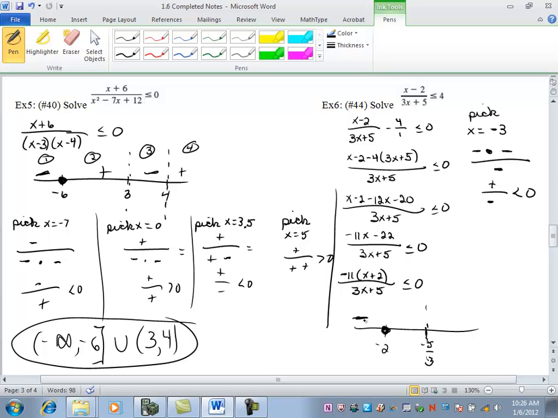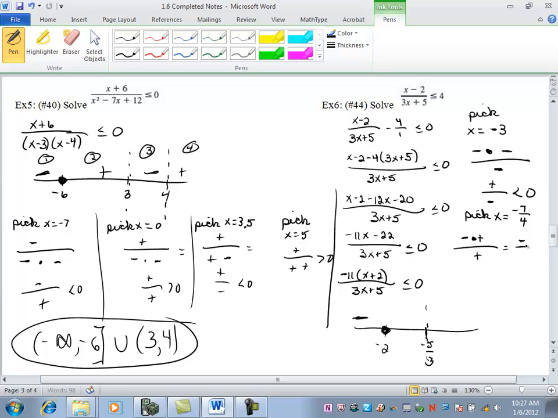Now, from negative 2 to negative 5/3, keeping in mind negative 5/3 is negative 1 and 2/3. So let me pick negative 7/4 here. x equal negative 7/4. Well, negative 11. Negative 7/4 plus 2 is positive. And then negative 7/4 plus 5, well, that's going to give me a positive result.